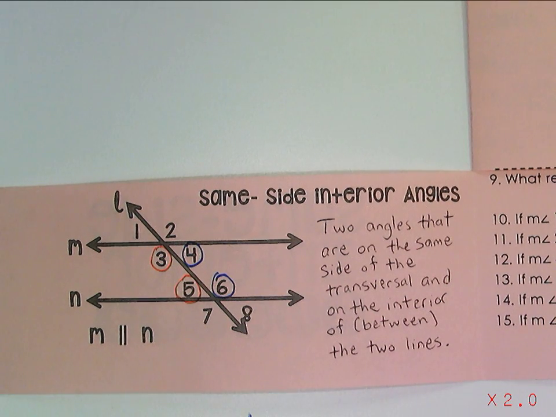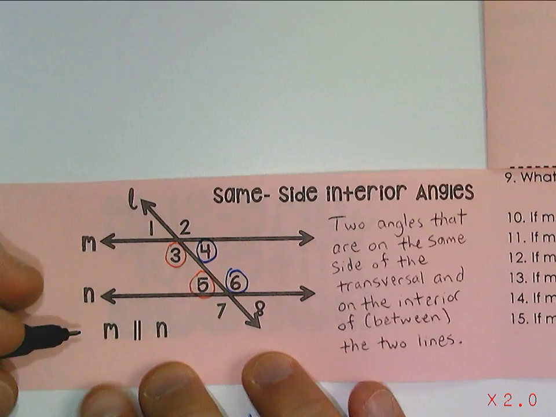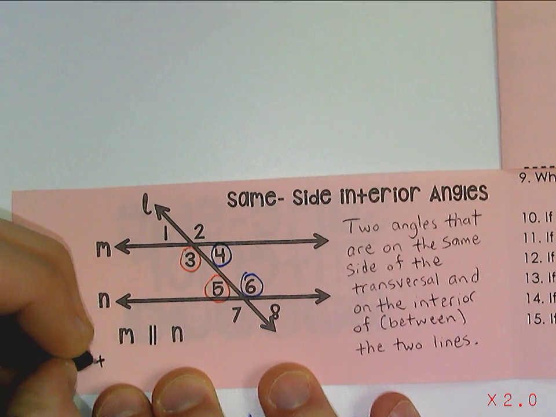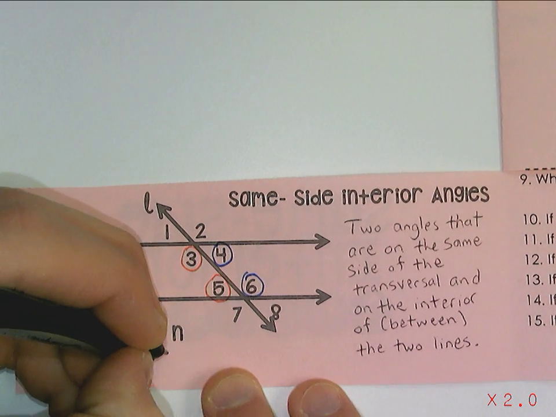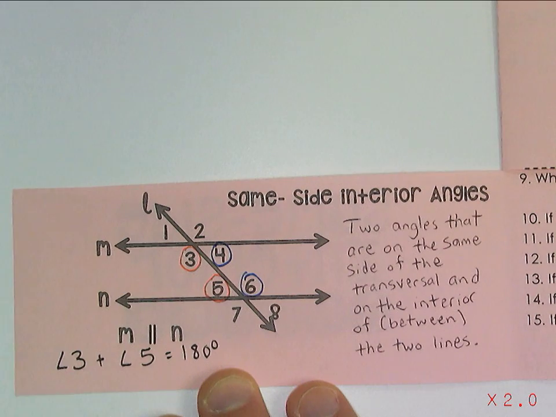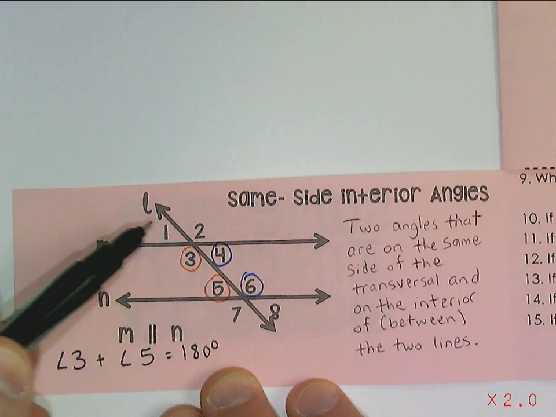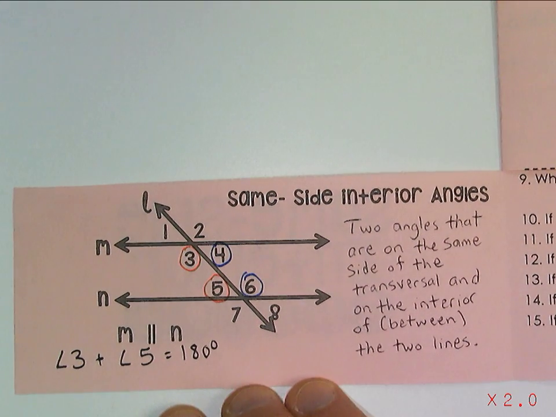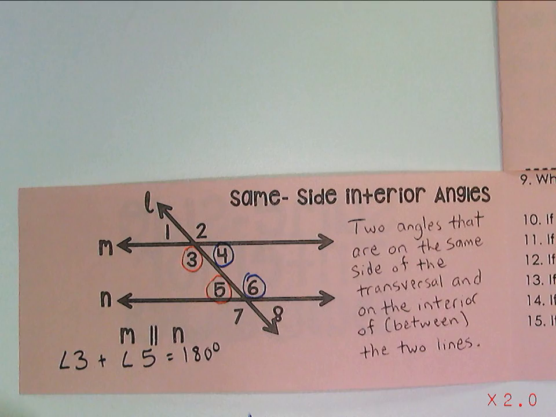So let's go ahead and write that down. What this is saying is angle 3 plus angle 5 is equal to 180 degrees. Those 2 angles added together add up to 180 degrees because you have an acute and an obtuse angle. When you put those together, they would form 180 degrees.